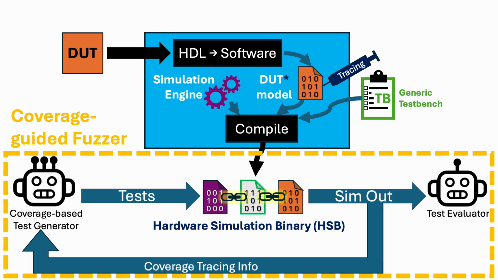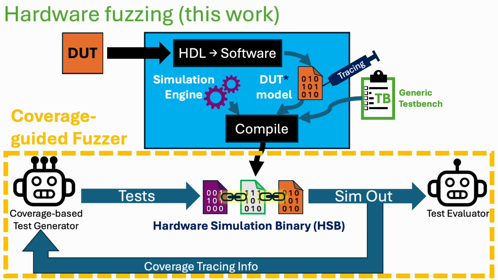And that's the key idea that we've been building to this whole time, where you can use a very mature and intelligent software-based coverage-based test generator, and you just plug in this hardware simulation binary, and you're able to do coverage analysis on this software only side.